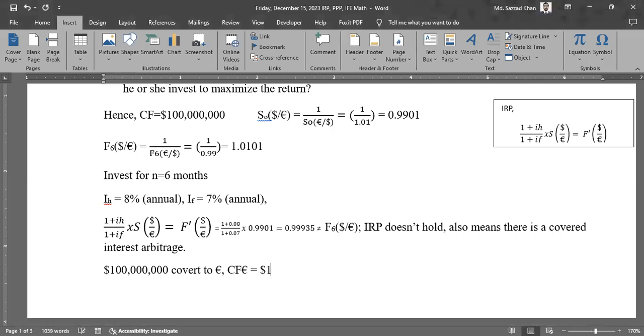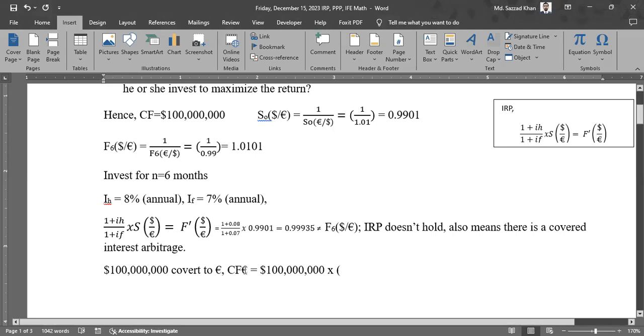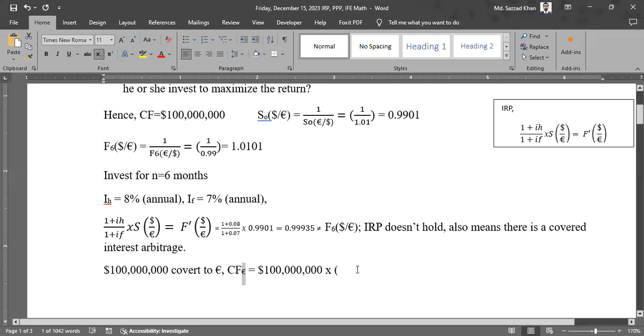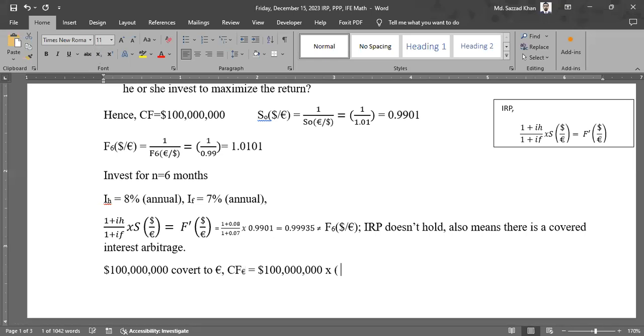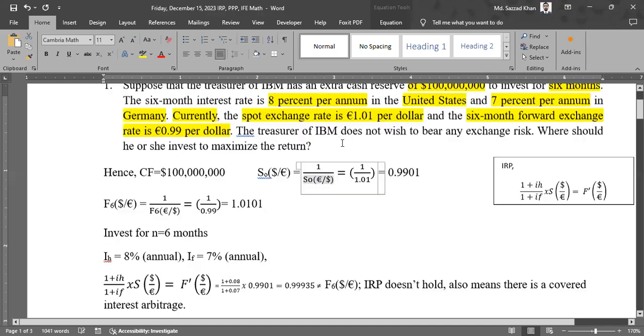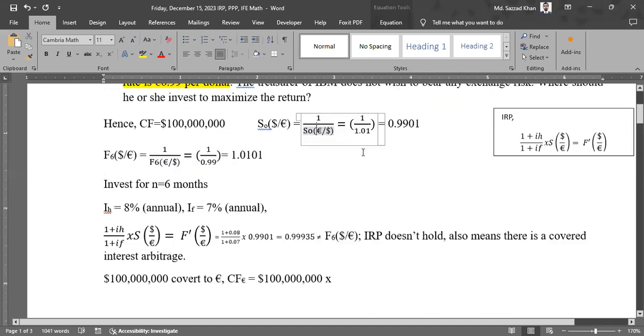We have 100 million into the spot. So what rate am I going to use in here? This one, okay? The S naught, 1.01, because this is the current spot.